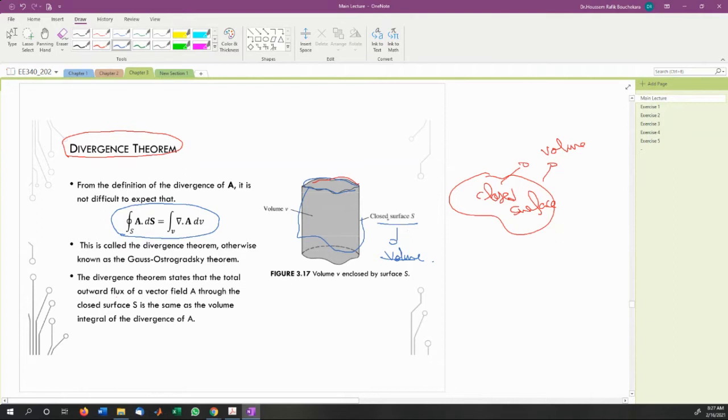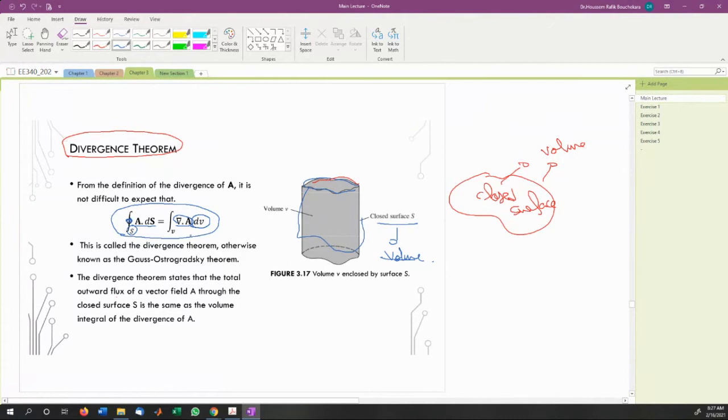So if we have a closed surface, the flux, the total outward flux through a closed surface, okay, is equal to the integral of the divergence of A through the volume.